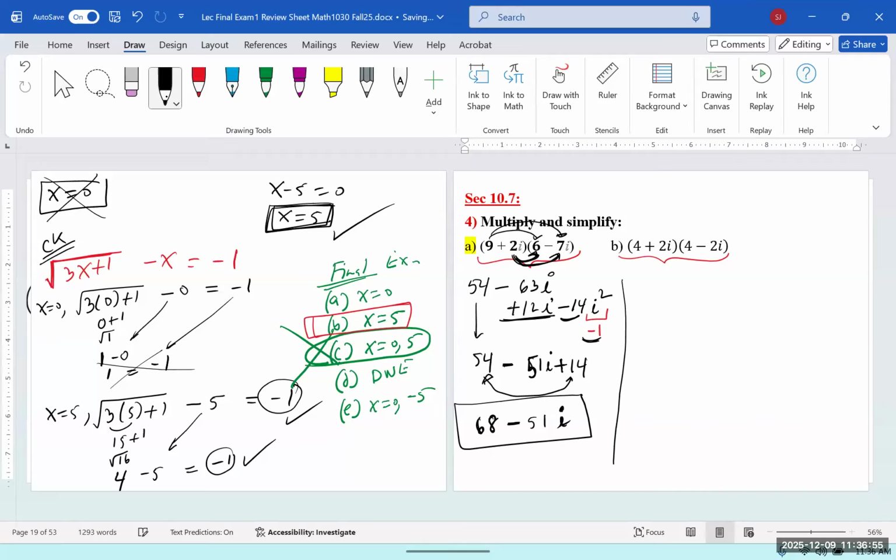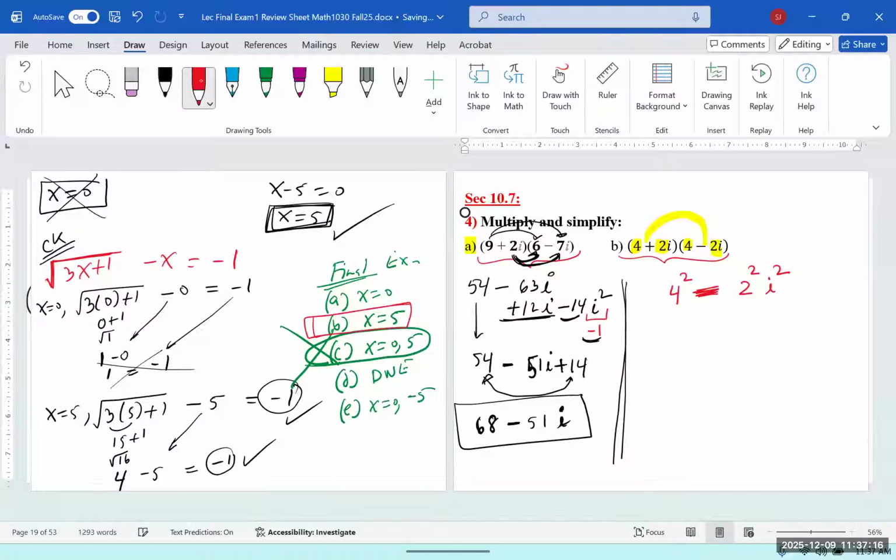So when you do FOIL, this is what you do. And when you work with a conjugate, you see the same 4 and same 2i, only their signs are different. So all you have to do is take 4, square this, subtract, take 2, square this, take i, square this.